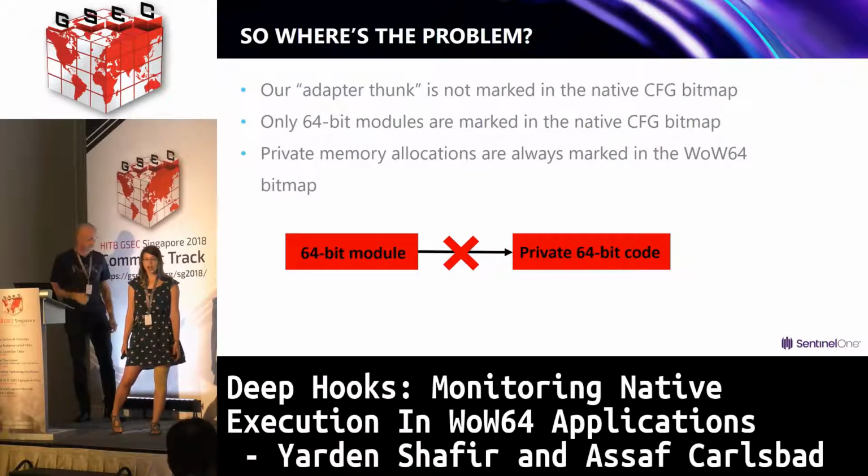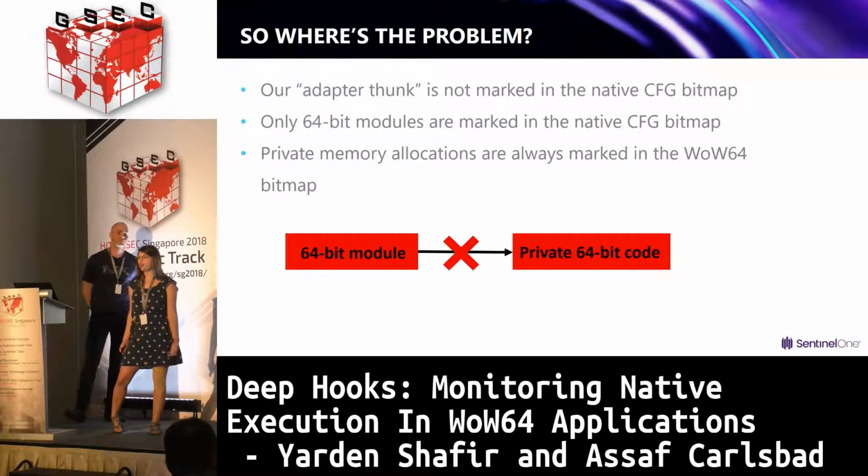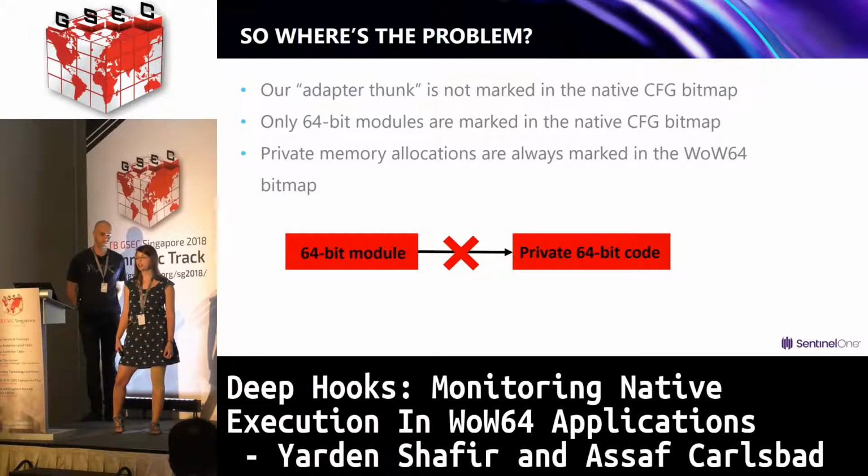Well, as you might remember, private memory allocations in WoW64 processes always get marked in the WoW64 CFG bitmap. But the function that should dispatch our APC is a function in the 64-bit NTDLL, which checks addresses against the native CFG bitmap. So our adapter thunk is sort of marked in the wrong CFG bitmap.